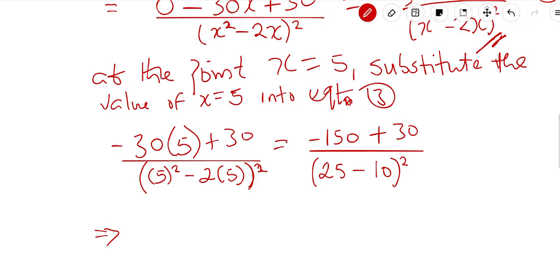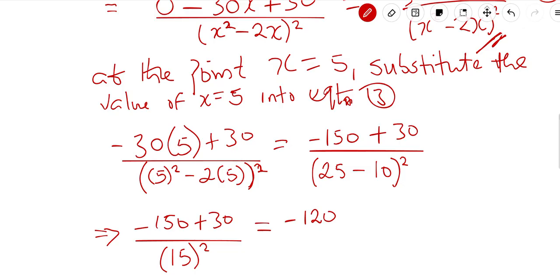If we proceed further, it's going to give us minus 150 plus 30 divided by 25 minus 10, which is 15, all squared. So minus 150 plus 30 is going to give us minus 120 over 15 squared, that's 15 times 15, which gives us 225.